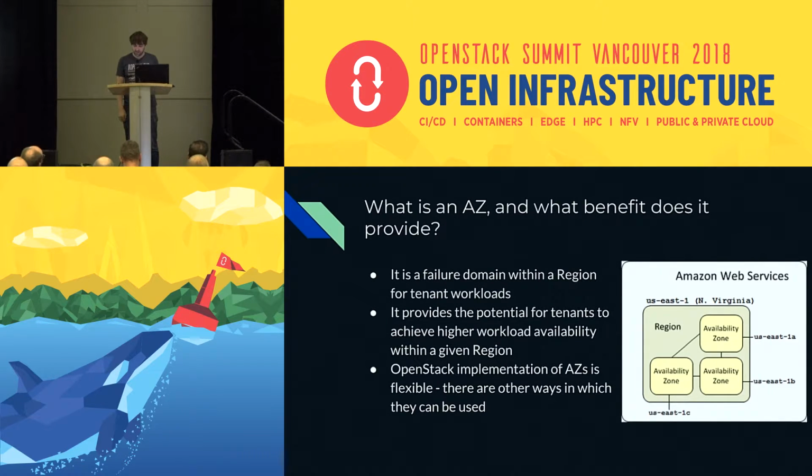The idea is that you partition your hardware to protect against certain failure scenarios, and the tenant deploys their workloads across these failure domains to achieve higher application availability. Now, I'll also mention there are a few other ways people have found AZs useful in OpenStack, and we'll look at a few of those in a bit, but for now we'll consider AZs in terms of failure domains.